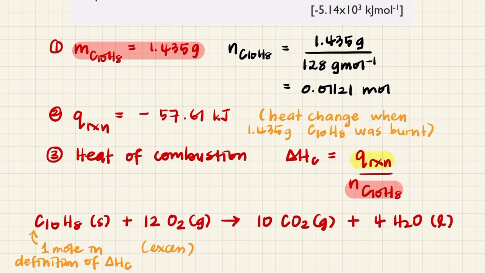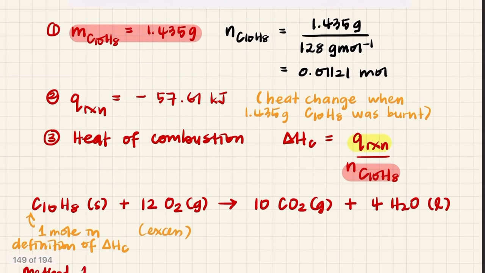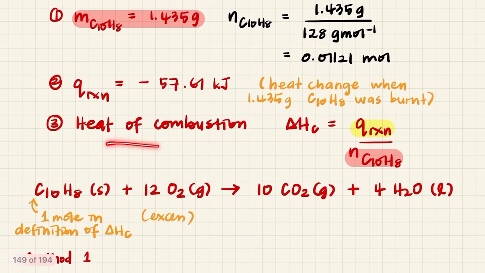Since we already have the heat change when 1.435 grams of C10H8 was burnt, this amount of heat has been released. Therefore, to find the heat of combustion, you just need to put in your heat change during reaction and divide it by the mole of naphthalene that was being burned.